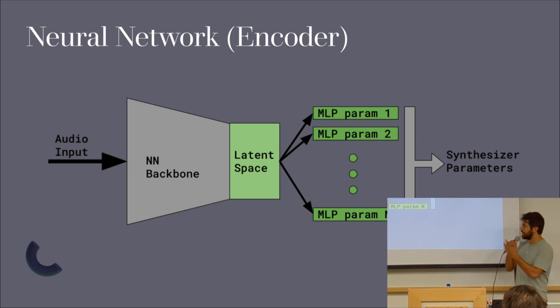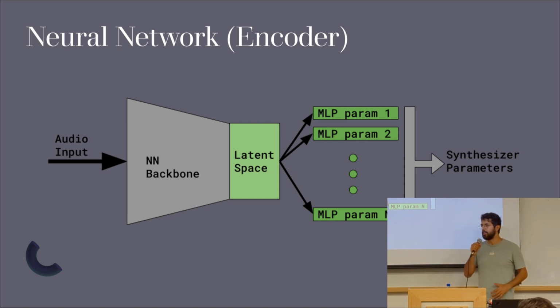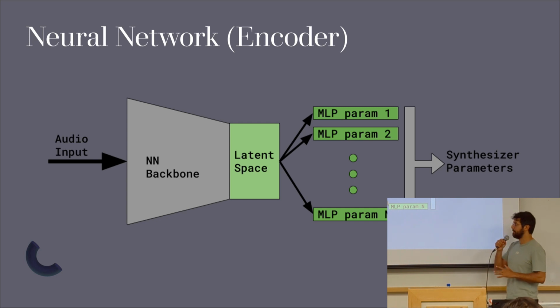What I see here is the actual neural network. Along with the synthesizer, we also published open source code that provides the whole platform for sound matching, including a very sophisticated way to self-program the neural network according to the synthesizer chain that I chose. Okay, so the backbone is ResNet or any other net that you want.